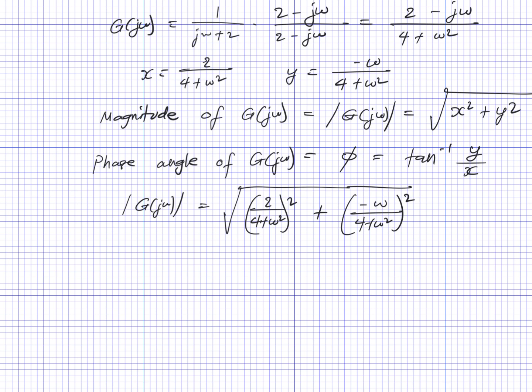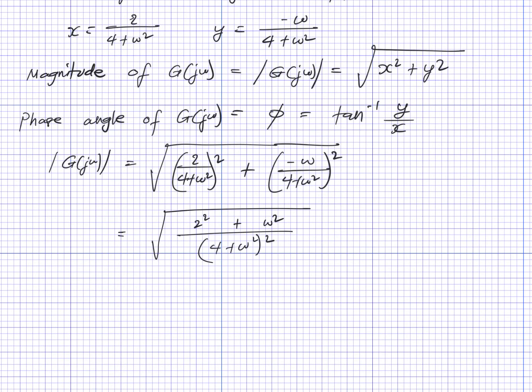And so we end up with this expression right here, 2 squared plus omega squared over 4 plus omega squared.